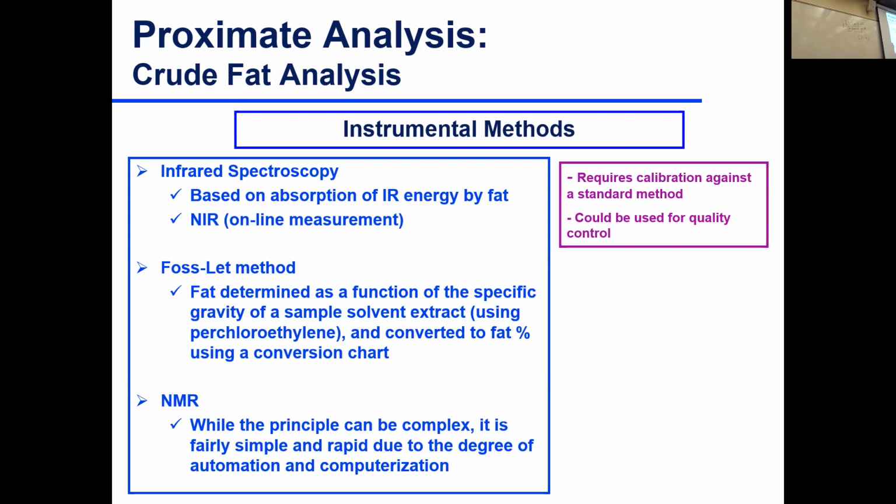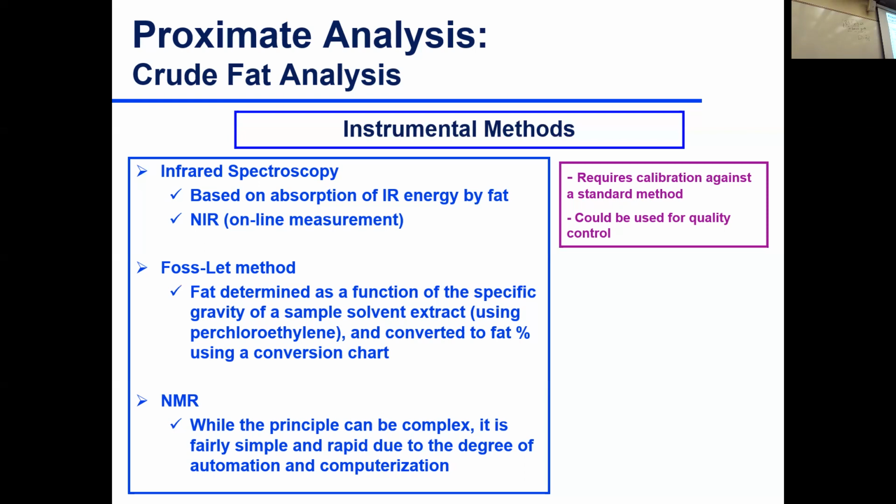If you remember from the beginning of the semester, we talked about primary methods and secondary methods. Primary methods are your standard official methods of analysis. And then secondary methods are quality control, fast methods that are not necessarily official methods of analysis. So they have to be calibrated based on an official method.